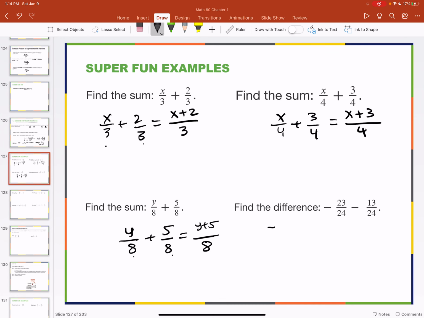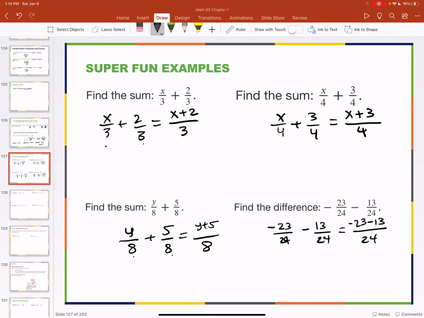We can rewrite these fractions. Negative 23 over 24, minus 13 over 24. Okay, remember, denominator remains the same. And now we just combine the numerator. So that's going to be negative 23 minus 13.